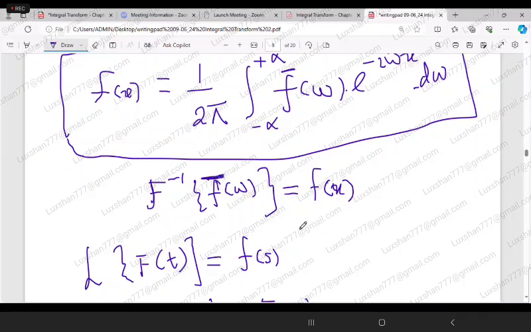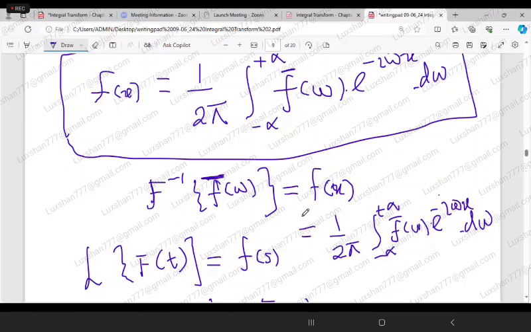According to this formula, it is 1 over 2 pi, integration from minus infinity to plus infinity, f bar omega into e to the power minus i omega x. Therefore, the inverse Fourier transform of a function is given by this formula.